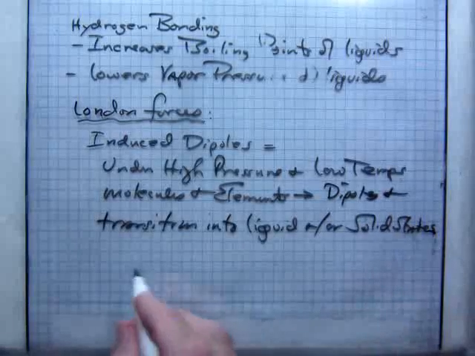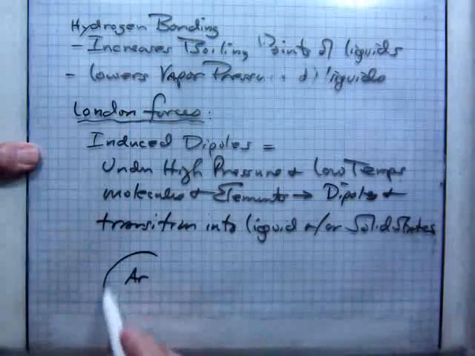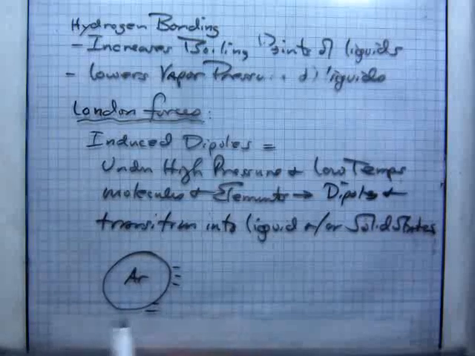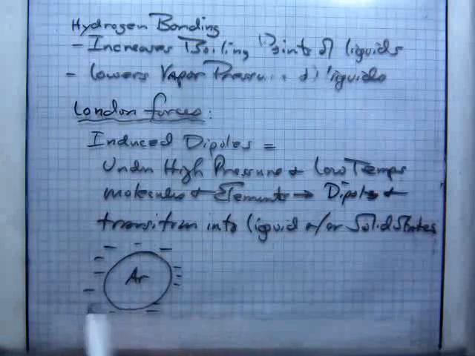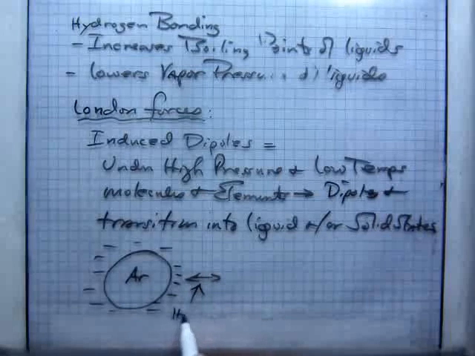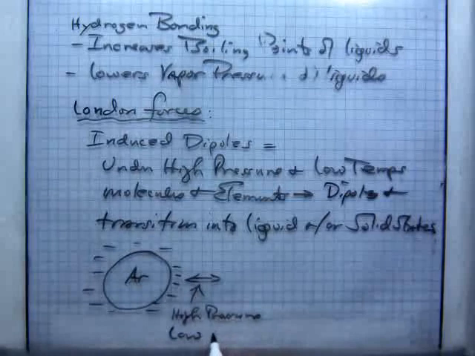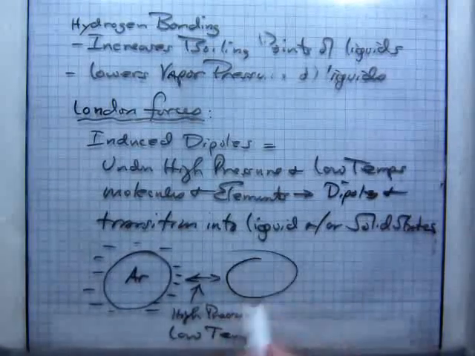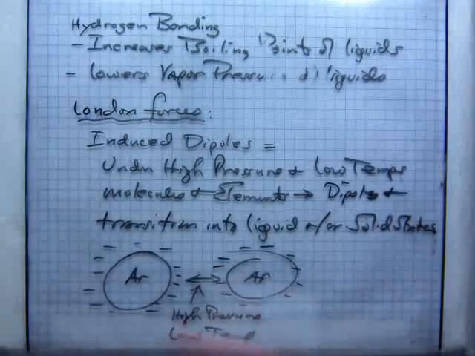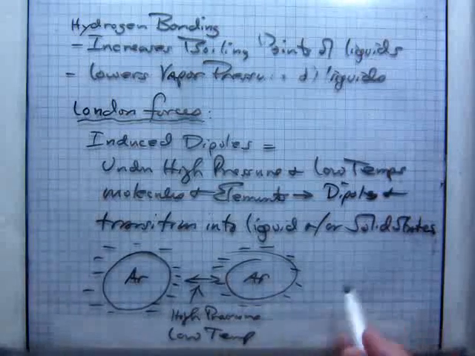For example, argon is a noble gas with a symmetrical distribution of electron density. But if it is forced, high pressure, low temperature, close to another argon atom, and this is true for the methanes and the symmetrical others, this is simpler to explain this way.